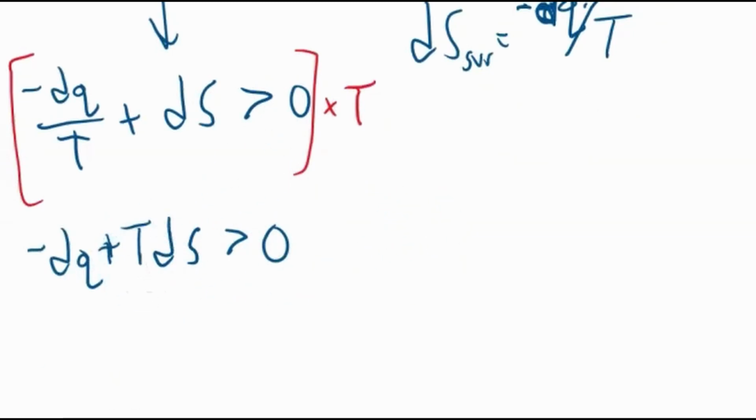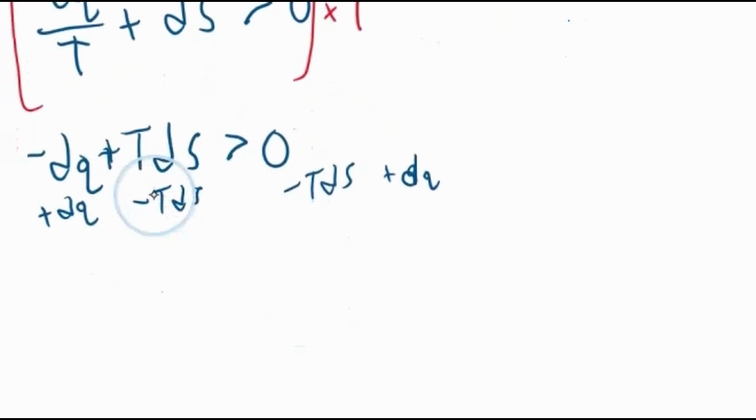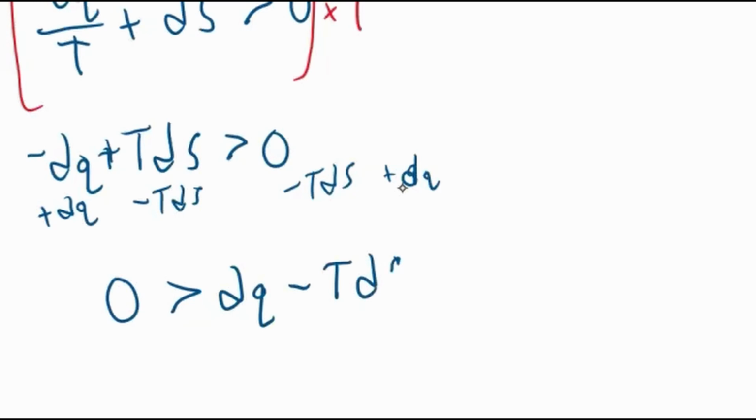We're going to transpose everything, so we'll subtract T dS and then also we'll add dq to both sides. What we're left with on the left-hand side is now 0, because everything cancels out, is greater than dq minus T dS. I'll just put the dq first, negative T dS.